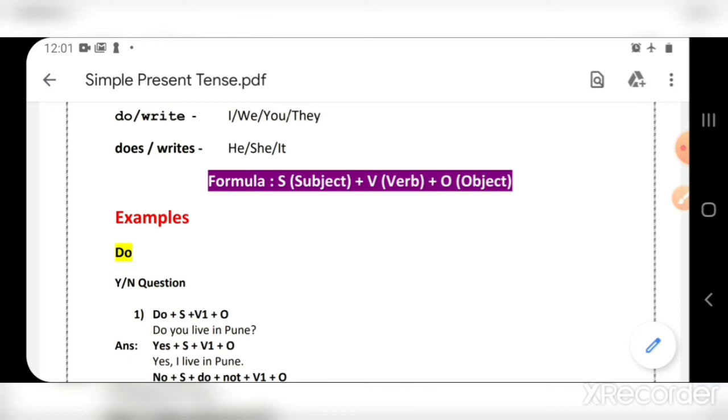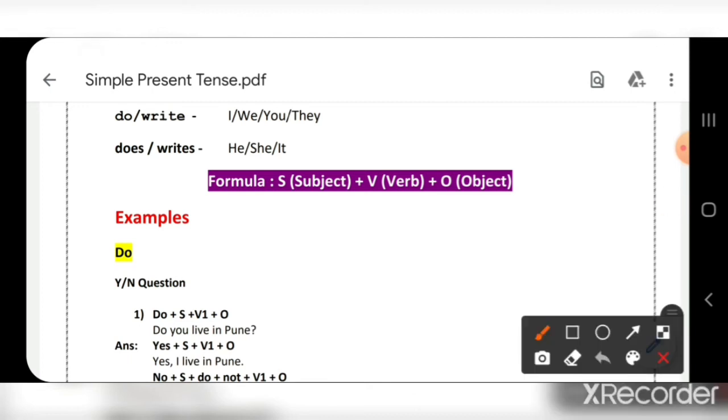Got it? Clear? Now, if you want to ask a WH question, again, before the yes no type question, that means the yes no type question starts with does, before that we have to put a WH word. That means, when does he watch movies? Now, the subject is he watches movies in a simple sentence.